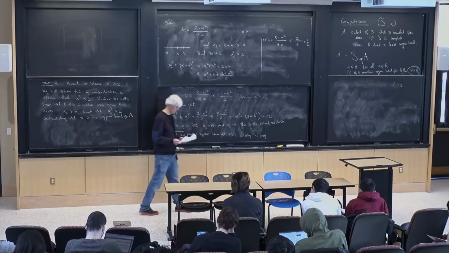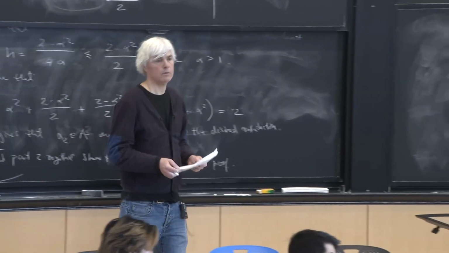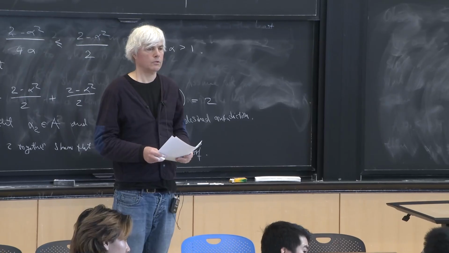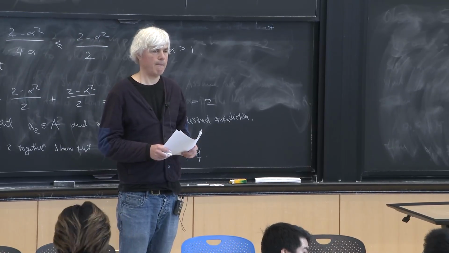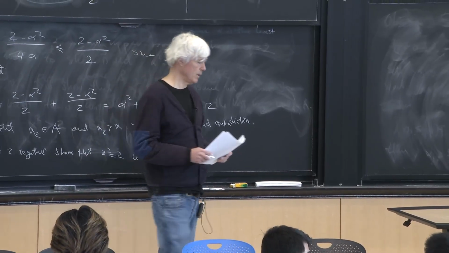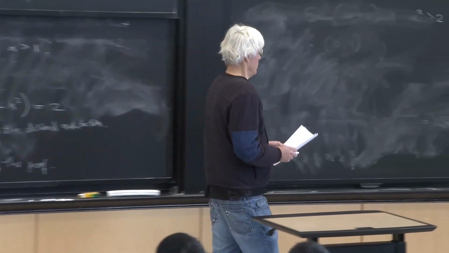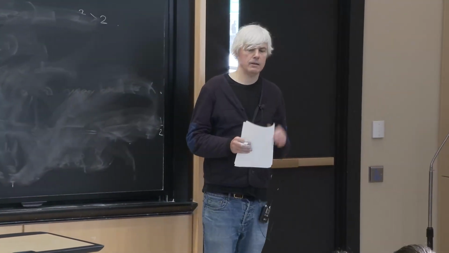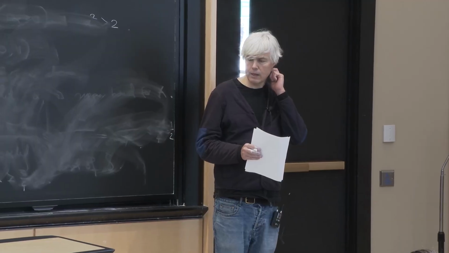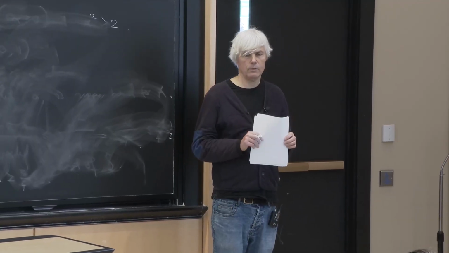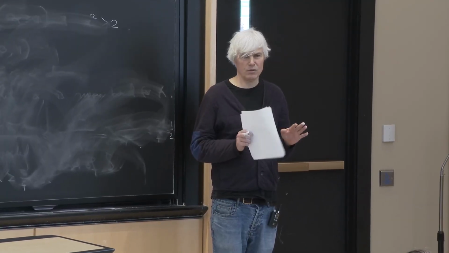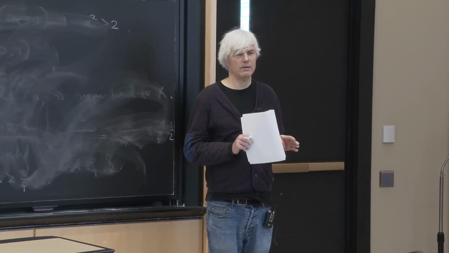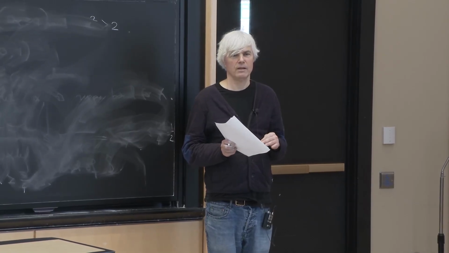Yeah. What property of the real numbers are we using for this proof? Is it that a number is real if it's the least upper bound of a set? Right. So we're using a few things. We're using that it is ordered. We're also using that it is an ordered field. And why?